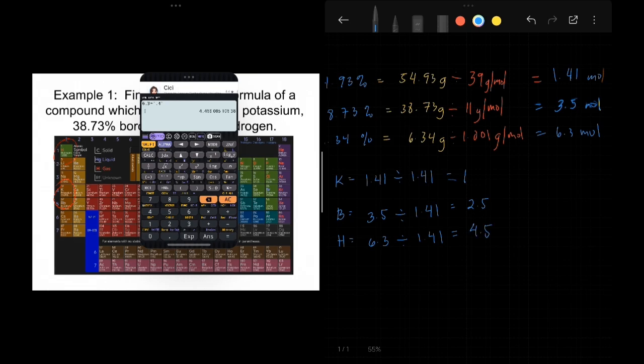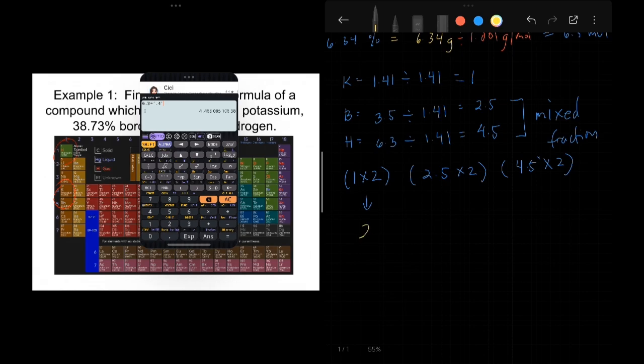Okay. Since we encountered here a mixed fraction, what we're going to do is multiply it by 2. So 1 times 2, 2.5 times 2, and 4.5 times 2. So 1 times 2, that will be 2. 2.5 times 2, that will be 5.